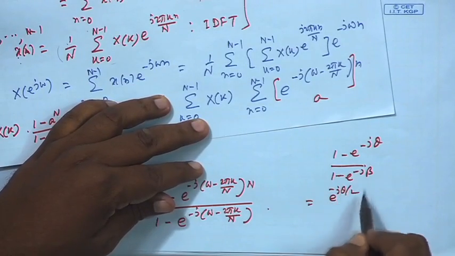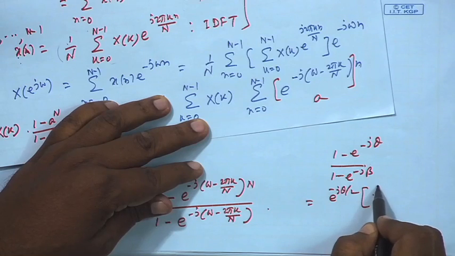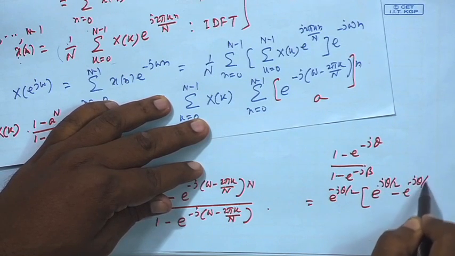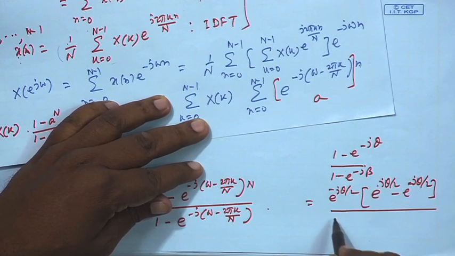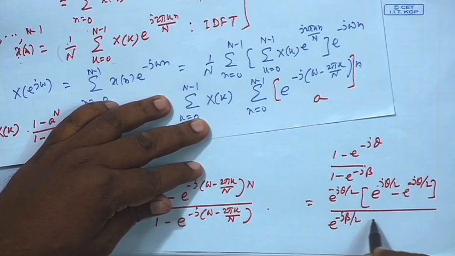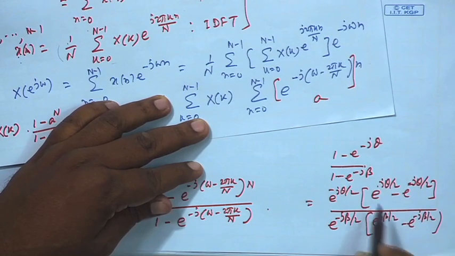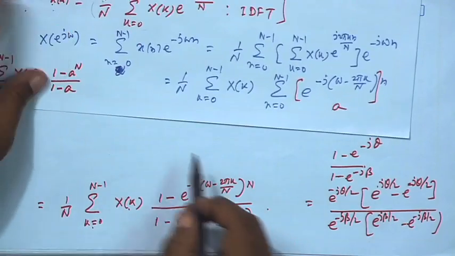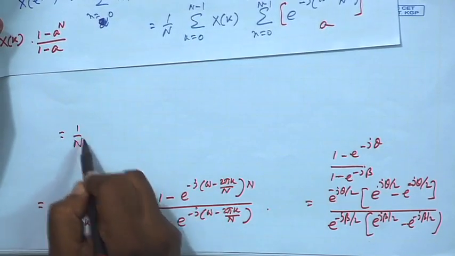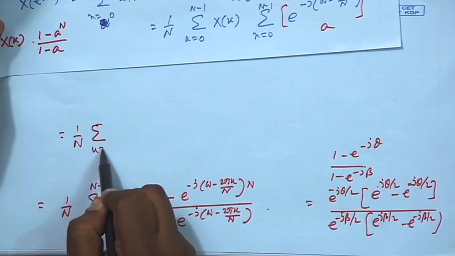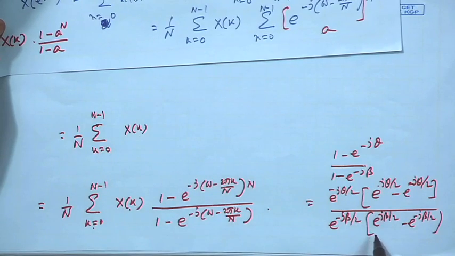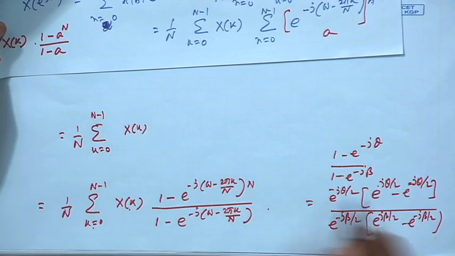minus j theta by 2. So, it will be e to the power j theta by 2 minus e to the power minus j theta by 2, divided by, again you take e to the power j beta by 2. So, it will be e to the power j beta by 2 minus e to the power minus j beta by 2. So, this is twice j sin theta by 2, this is twice j sin beta by 2. So, it basically becomes, twice j cancels, okay.